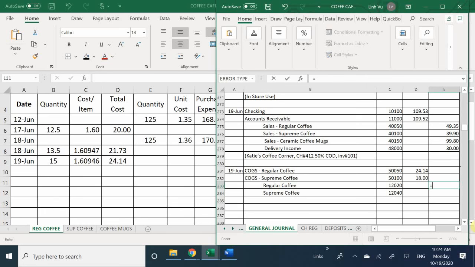And you're going to credit them for the same amounts of 24.14 and $18.